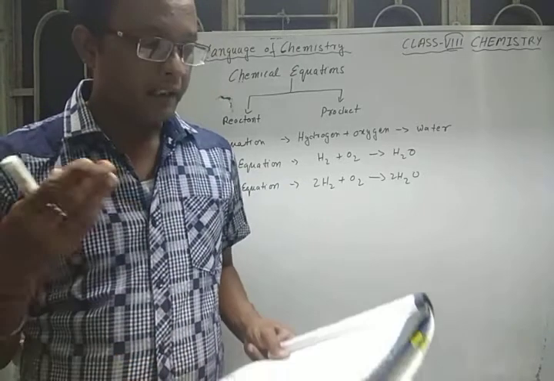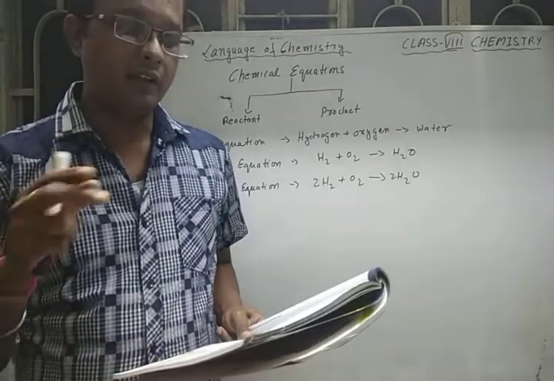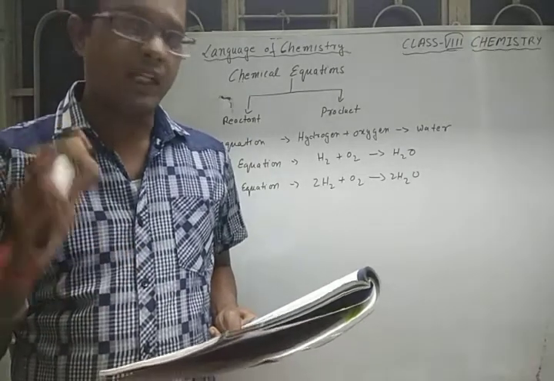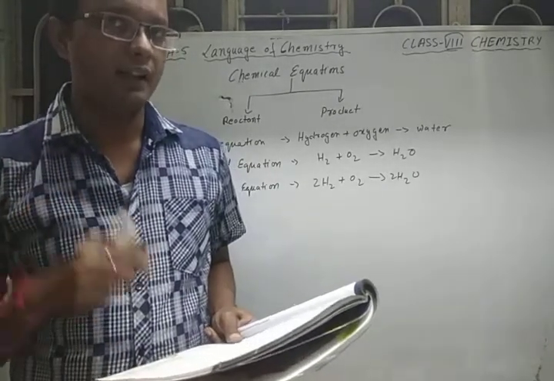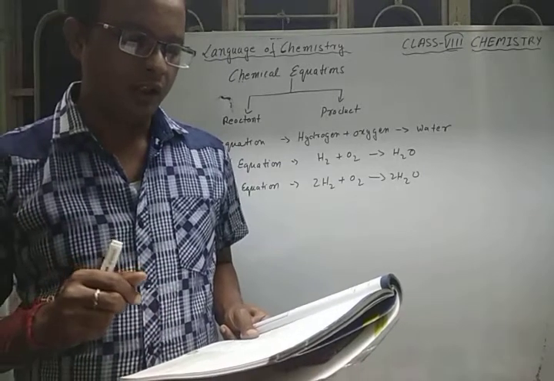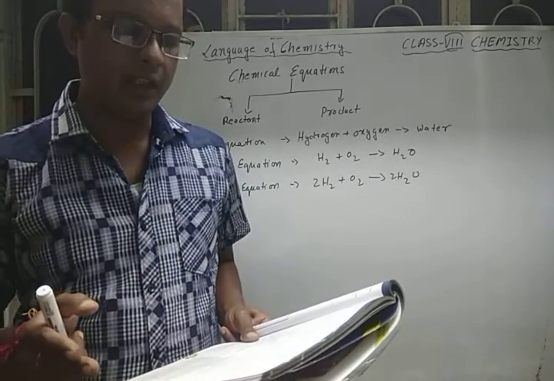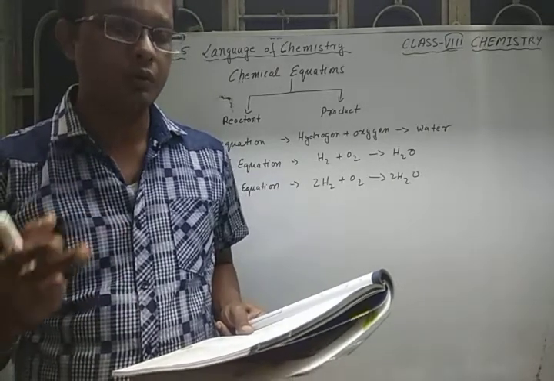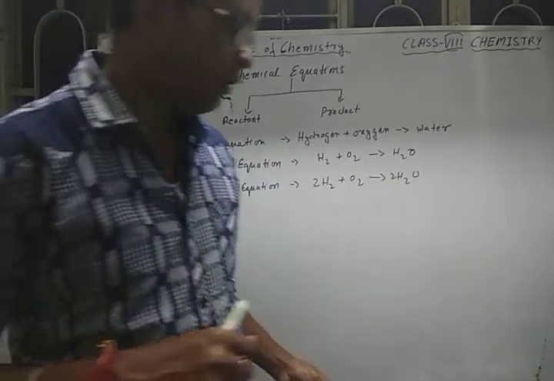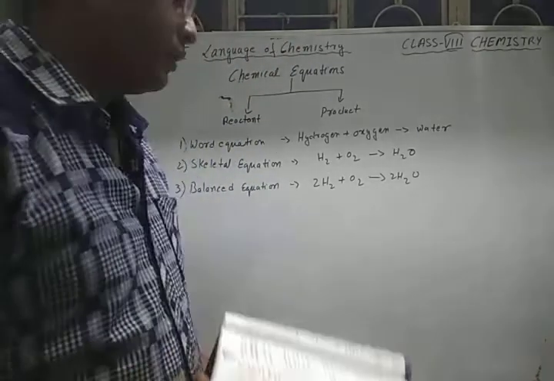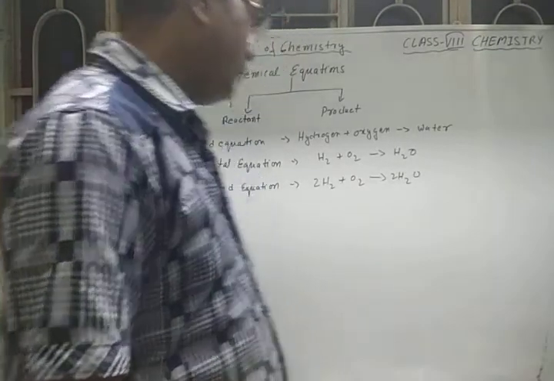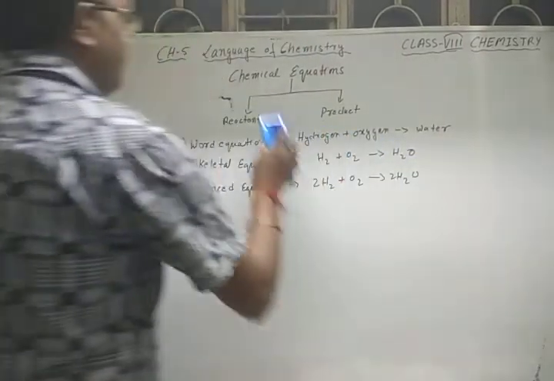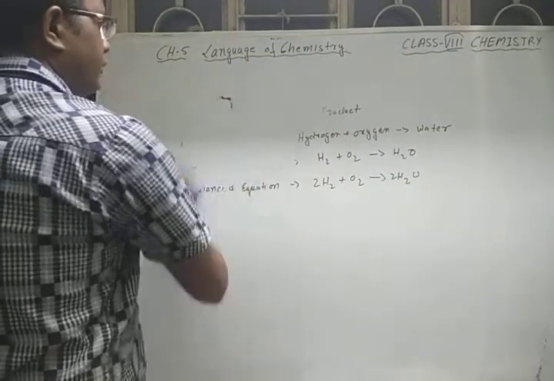So applying this law and atomic theory, it is very important to balance a chemical equation. Now we have to know how to balance a chemical equation. Now I will give you some examples which will help you understand how we have to balance a chemical equation. Okay, now see.